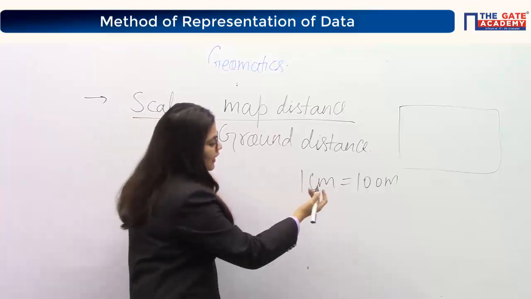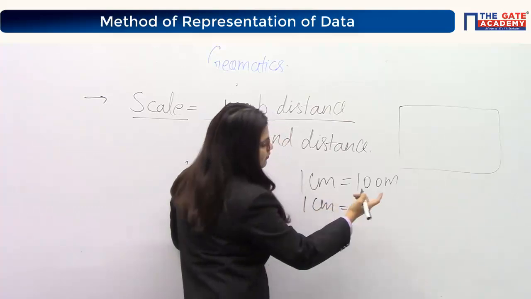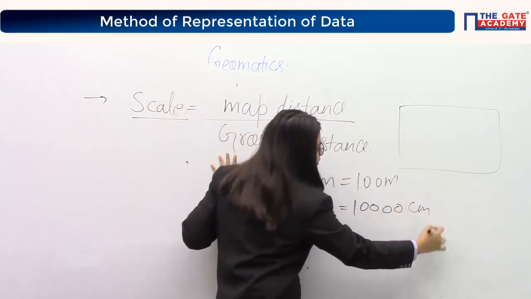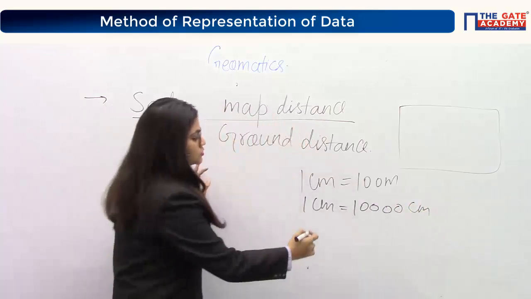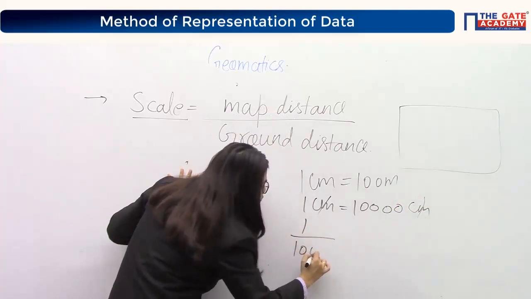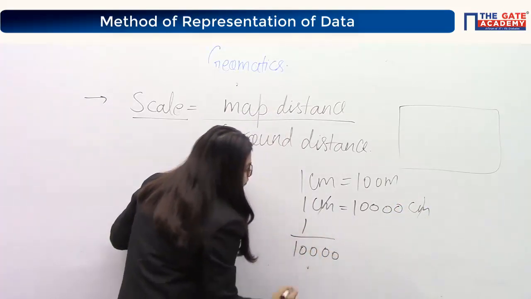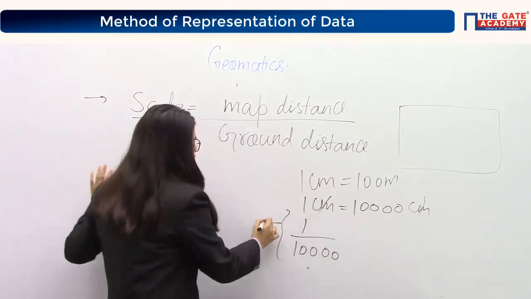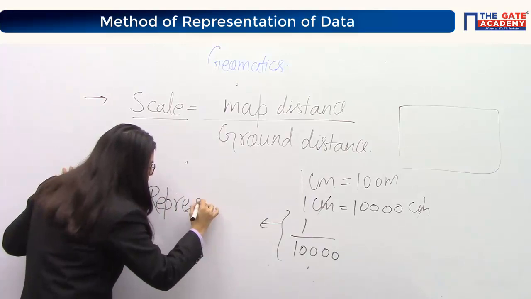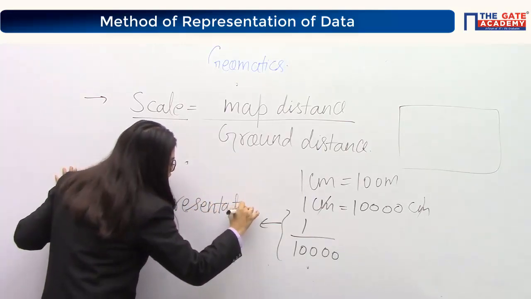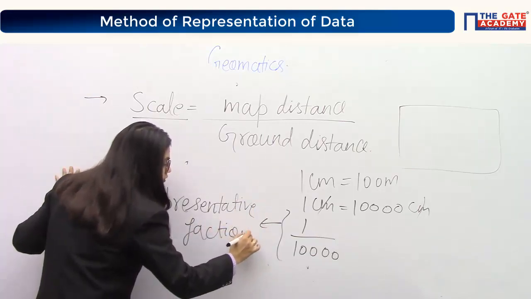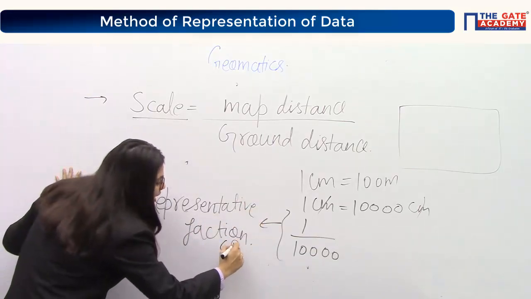So how can you write it? If I change this also into centimeter, 100 meter will be 10,000 centimeter, so I can write it as 1 by 10,000. This is nothing but your representative fraction, or you call it RF.